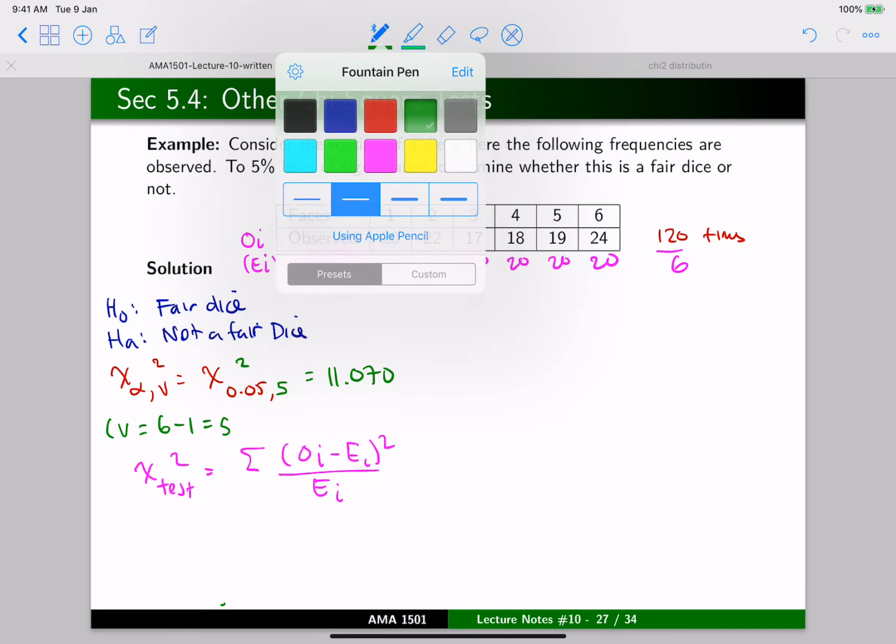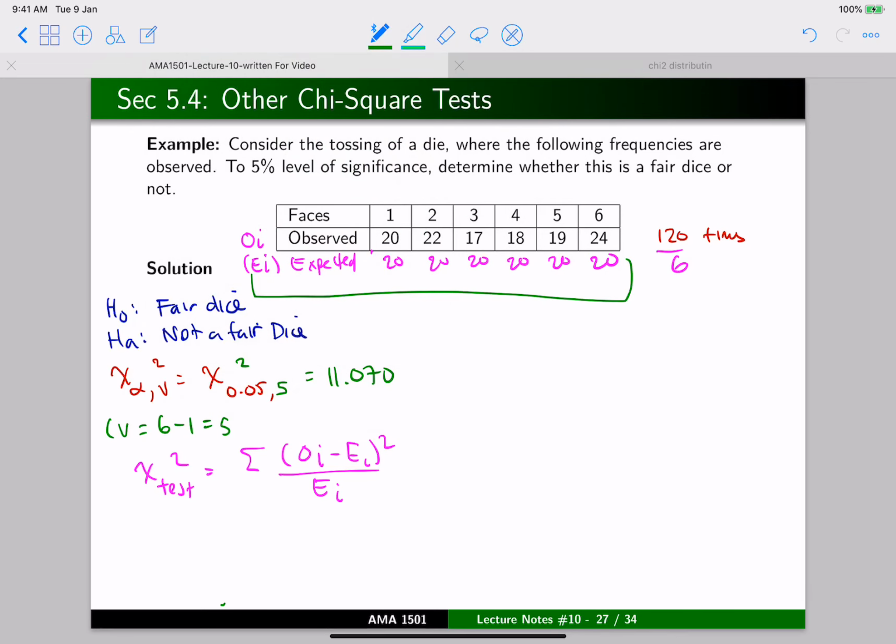Let's calculate, for example, the differences O_i minus E_i: 0, 2, minus 3, minus 2, minus 1, and 4.